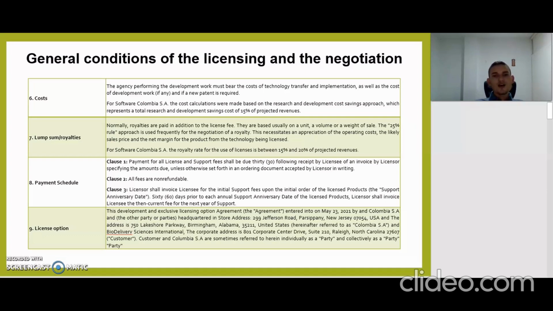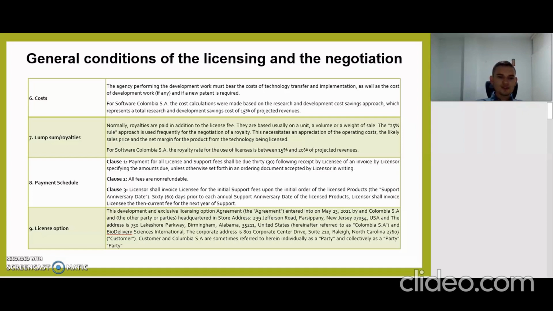Clause 2. Fees are non-refundable. Clause 3. Licensor shall invoice licensee for the initial support fees upon the initial order of the licensed product.